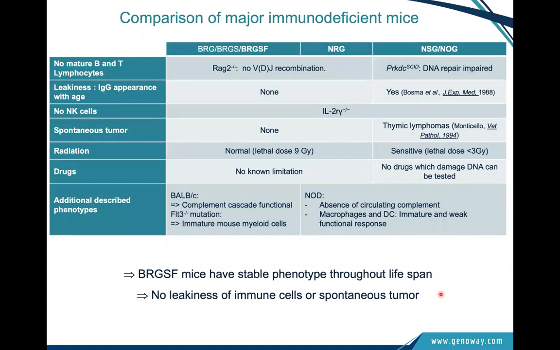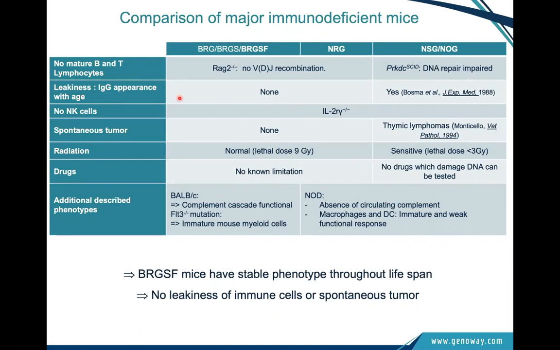So how does this model differ from the other models that you have access to? Here, we just mention the three main types of models. The models which have no T cell, no B cell because of RAG2, and the model which has no T cell, no B cell because of SCID mutation. And to make a long story short, the SCID mutation does show some weakness in the IgG appearance in those animals.